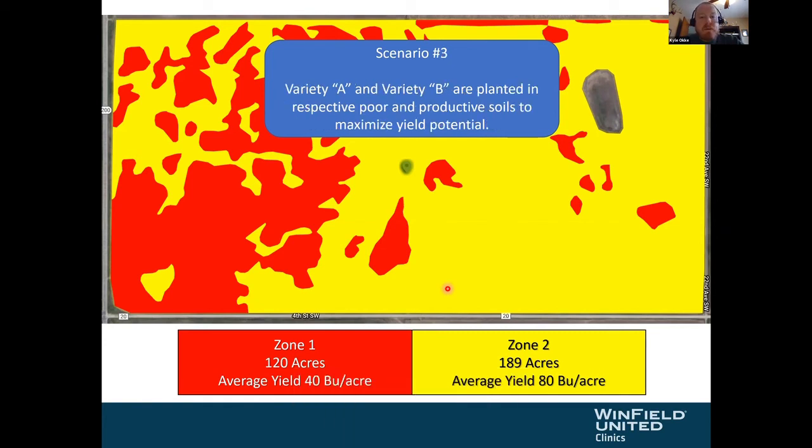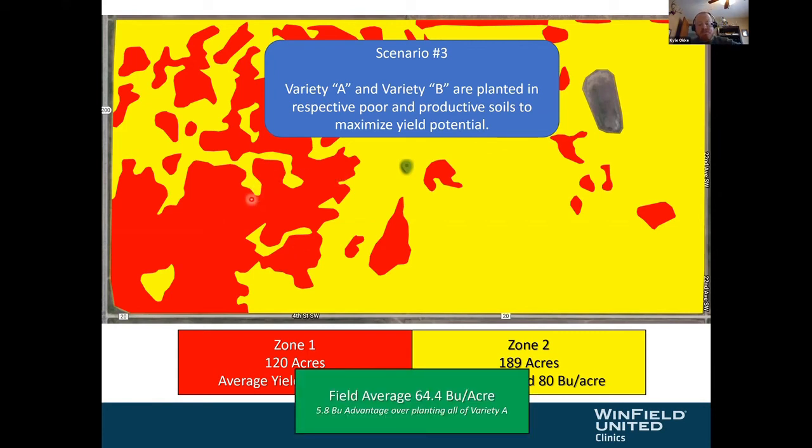But what if you put the high stress tolerant variety in the poor soils, which you could get more yield out of, and then you put that really productive racehorse type variety in the good soils, and you try to maximize yield potential that way. And so you could get that full 80 bushel an acre average out of these areas with the one variety, and then you could get a 40 bushel average versus 25 bushels in this area.